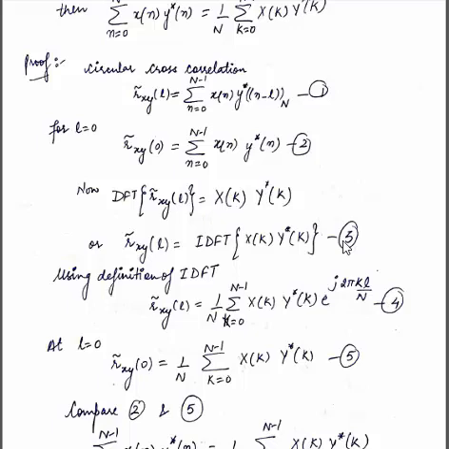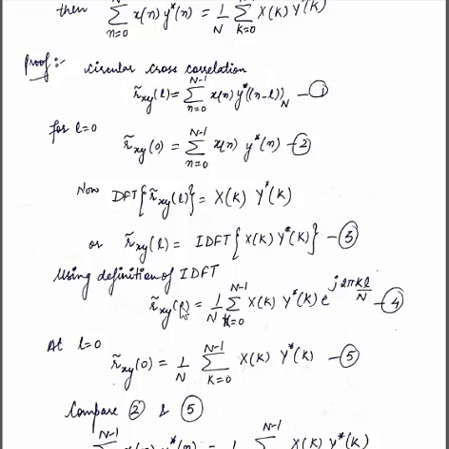Now using the concept of inverse discrete Fourier transform, Rxy of l is equal to 1 by N summation k tends to 0 to N minus 1 X of k Y conjugate k e raised to power plus j 2 pi k l over N. That is equation number 4.